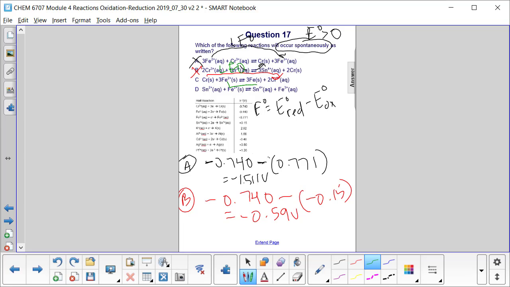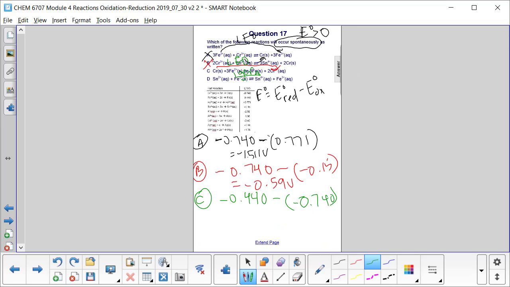That means that this iron 2 plus to iron solid is a reduction. It's gaining electrons. And they're not quite exactly the reverse because this is 2 plus to 3 plus. This is 2 plus to 0. But this is reduction. Okay. So iron 2 plus to iron solid is right here, minus 0.440 minus the oxidation, minus 0.740.